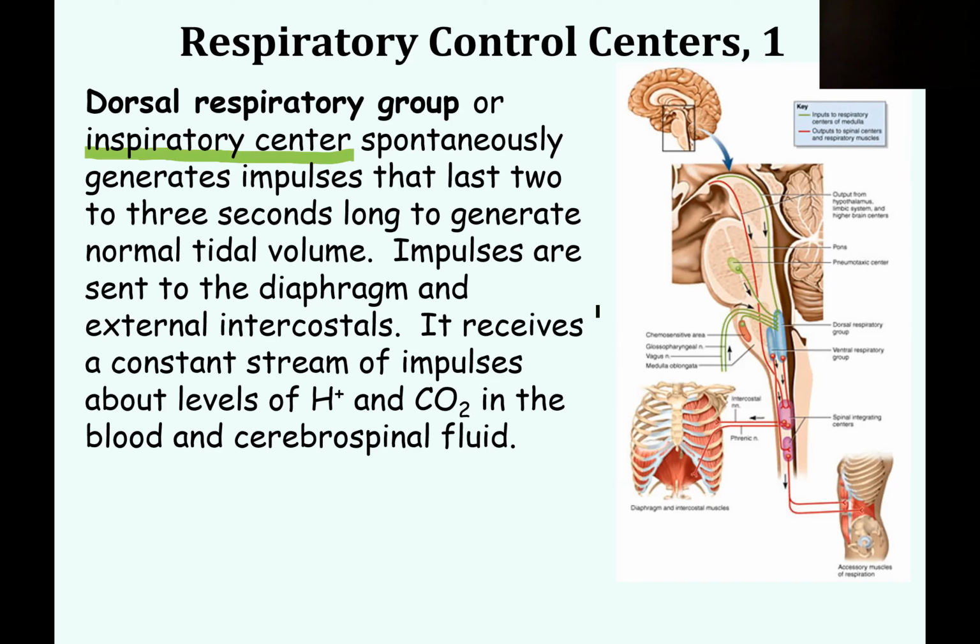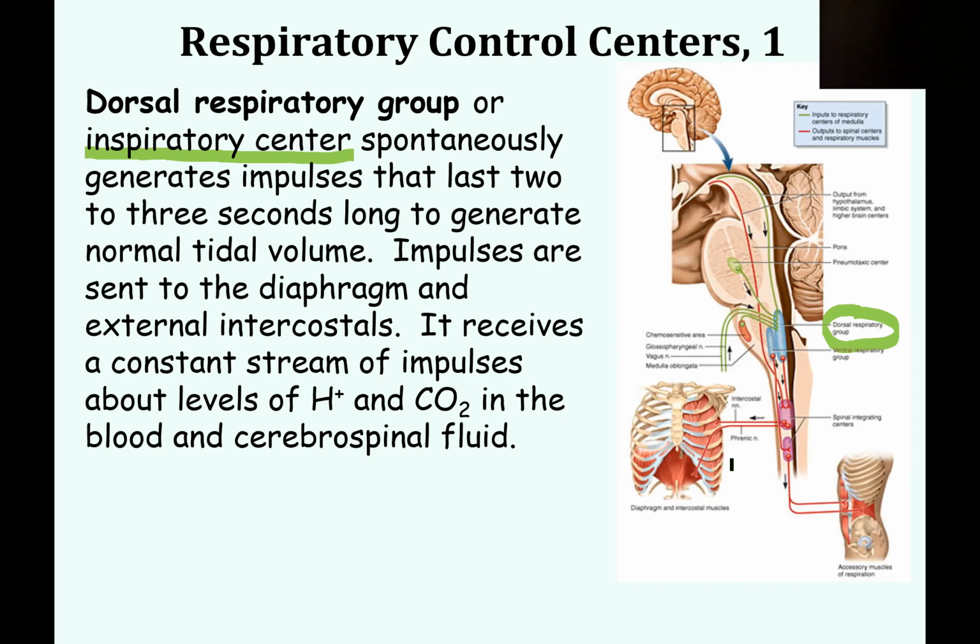It spontaneously generates an impulse that lasts 2 or 3 seconds. And that's this blue area here, this bigger blue area. That generates what we call normal tidal volume or normal pulmonary ventilation. Impulses are sent to the diaphragm and external intercostals to cause them to contract.